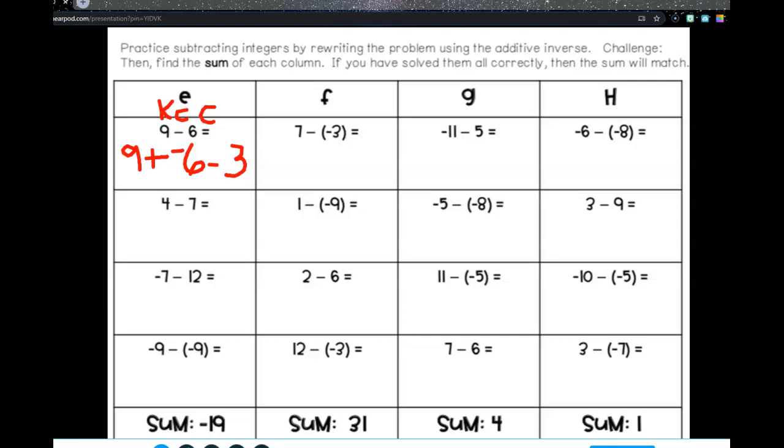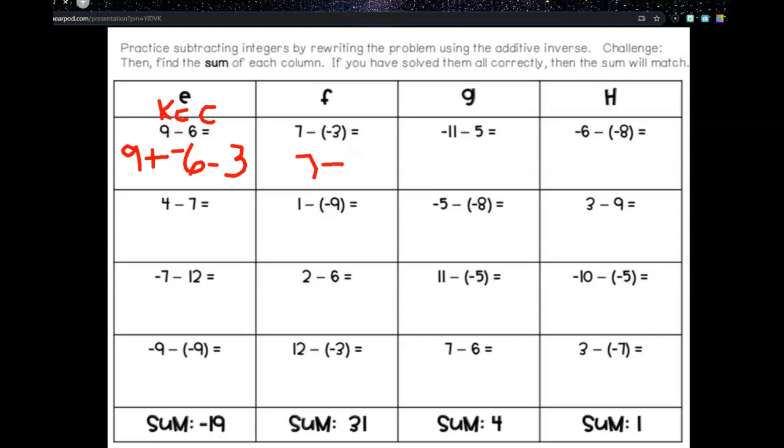So I just want you to understand that there's no operation in the parentheses. It's just kind of like a little bubble keeping that number separate from everything around it. Okay, so it's like 7 minus negative 3. They just don't want it written so that it looks like this. They don't want it to be like 7 minus negative 3.